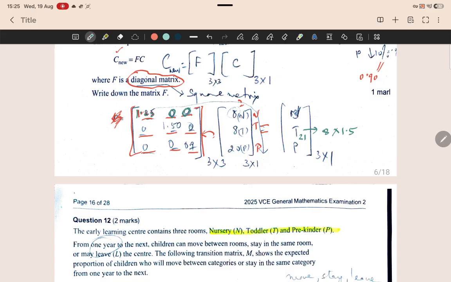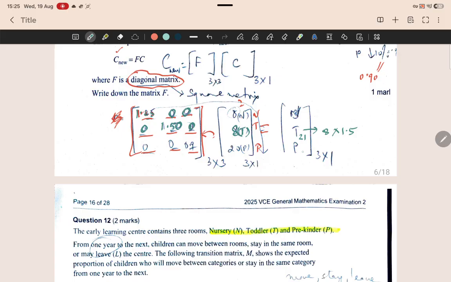Now if that's the case, because it's in the second position, the 8, okay, this is the toddler, I want the second position to multiply by 1.5, which means this row, the second position, should be 1.5, and that's the only calculation I want, and so the remaining will be 0.